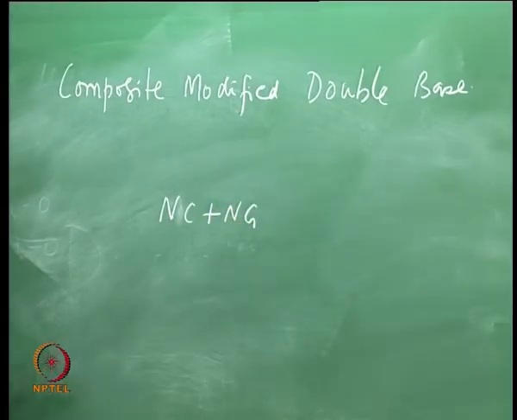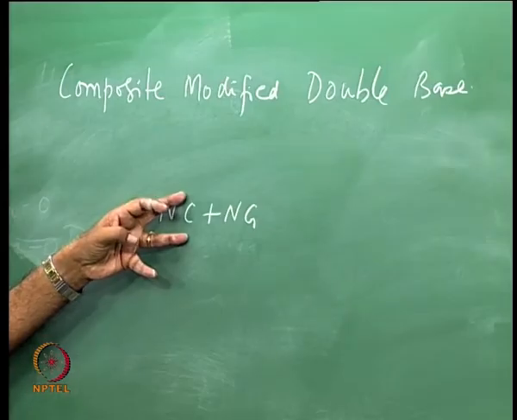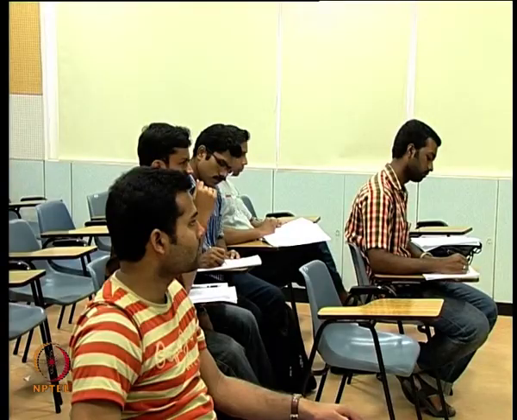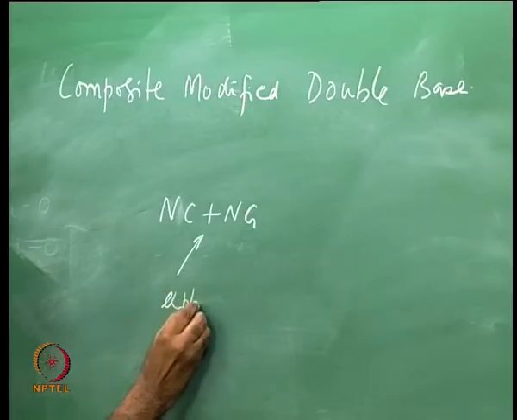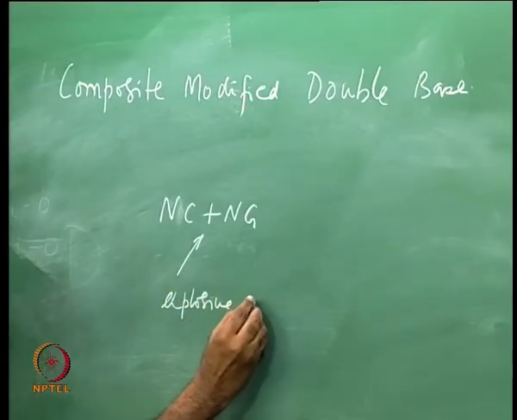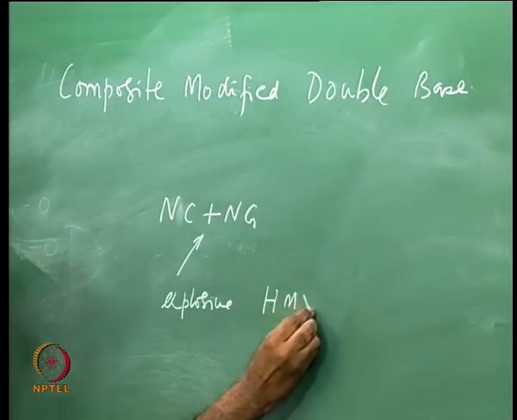But supposing I want to increase its energetics, increase the reaction and energy release, that is add oxidizer ammonium perchlorate used in composite to double base propellants and make it more oxidizer rich. I could also add explosive to enhance the energy, and the explosive I add is something like an explosive known as HMX.